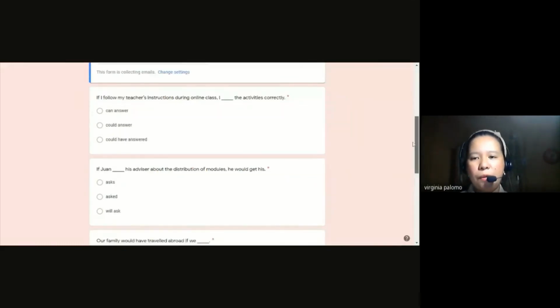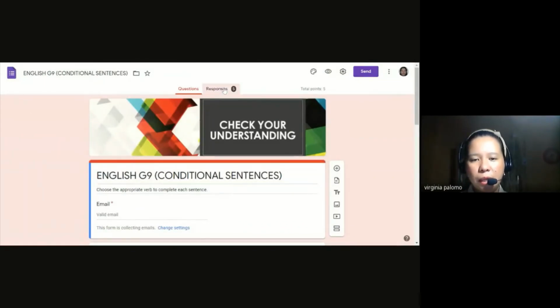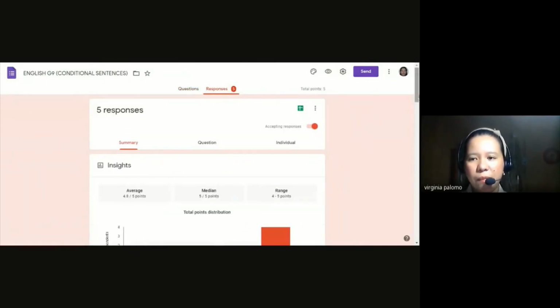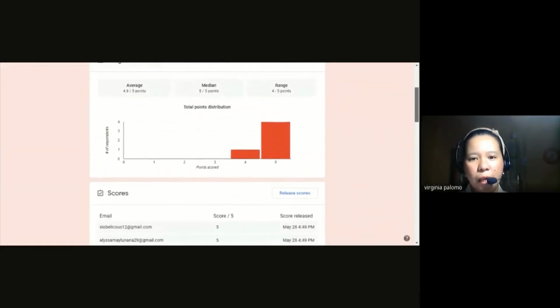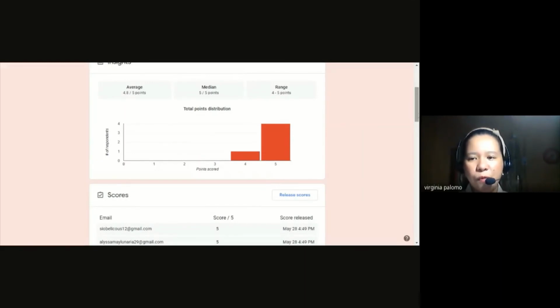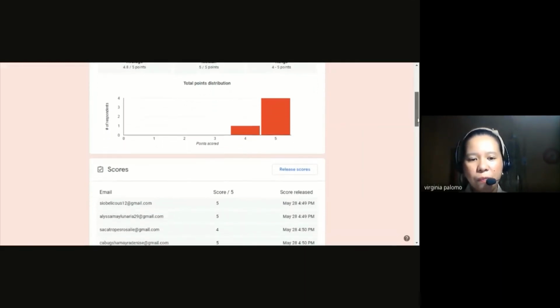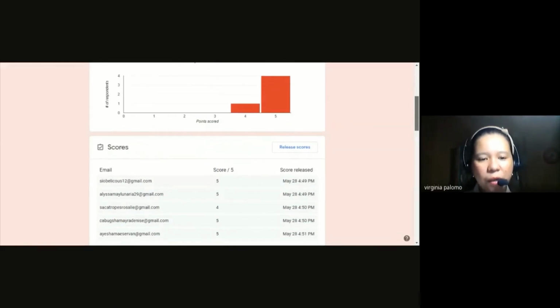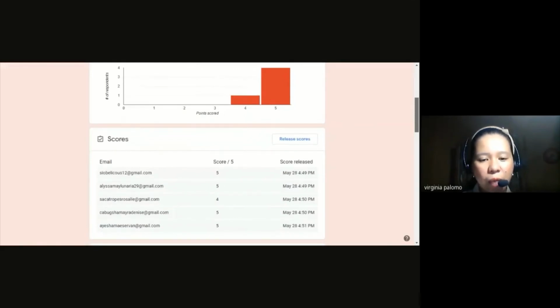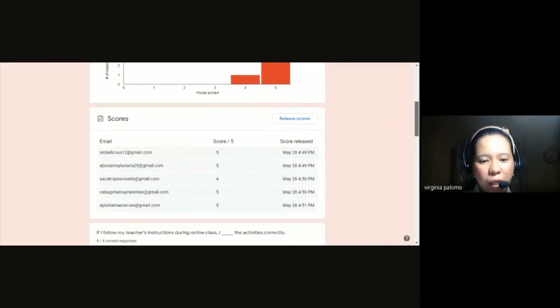All right, so let us see your responses. Let us check. From your responses, you can see 4 and 5 in the bar graph. So Shobelicious 5, Eliza 5, Sakatropes 4, Kabug 5, Ayesha May 5. So from these scores, for your class, there will be no student who will undergo remedial.